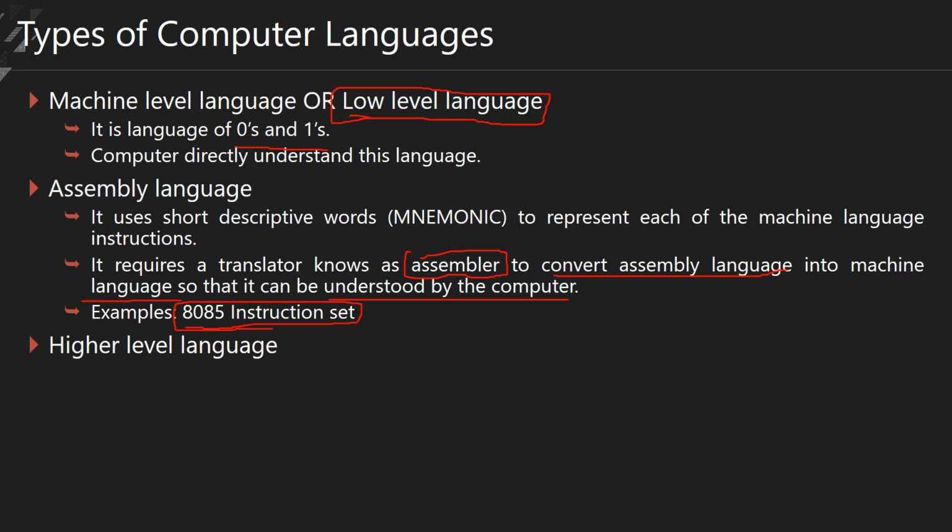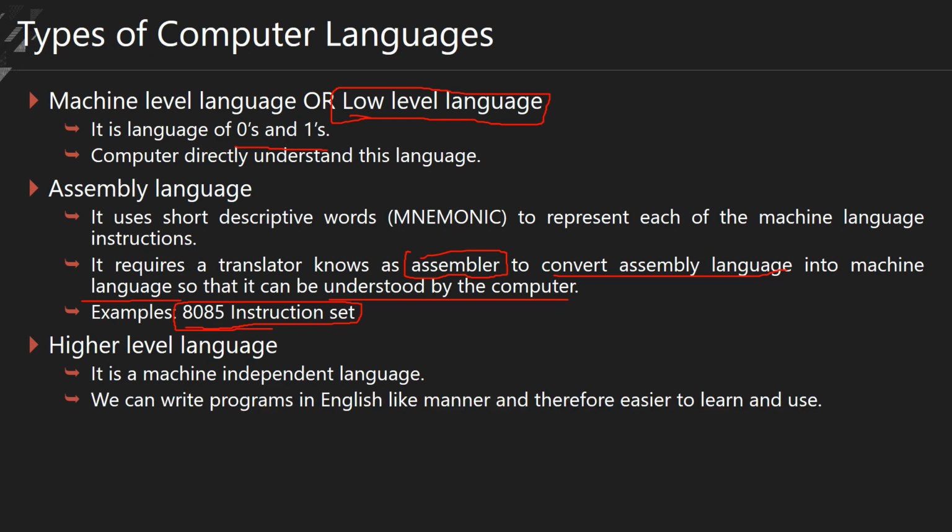Then higher level language. Higher level language is a machine independent language. It is not written by the machine. This language is usually understood by the programmer, user or human being, and is just like your English statements. You can write a program in an English-like manner and therefore it is easy to learn and use.